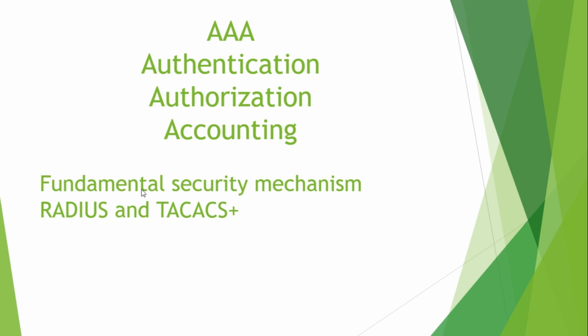This is a fundamental security mechanism, RADIUS and TACACS. This comes up more in enterprise, big organizations, and it has to deal more with security. I think as long as you know the definition of authentication, authorization, and accounting, or if they ask which of these would be a security feature and you see something along the lines of AAA, look at the question from the big picture.